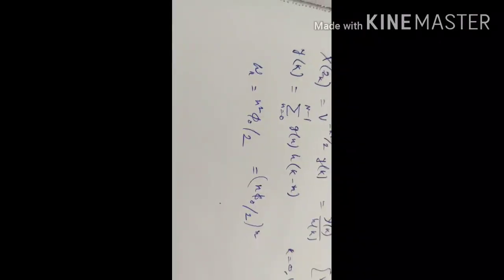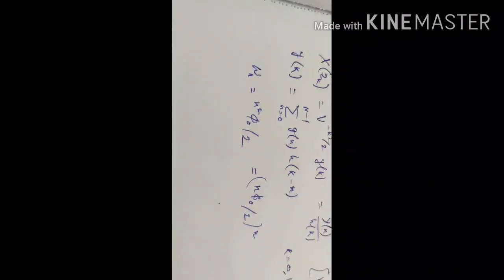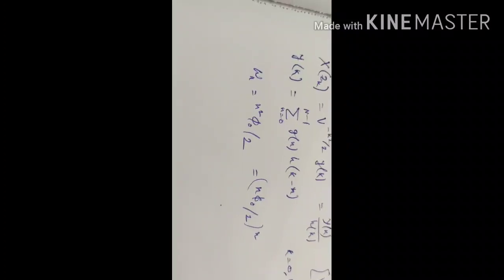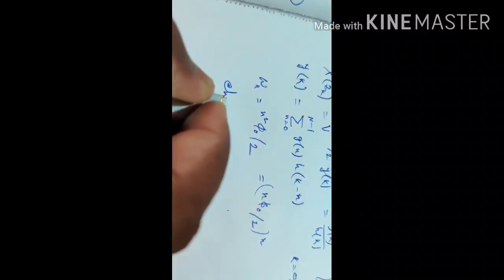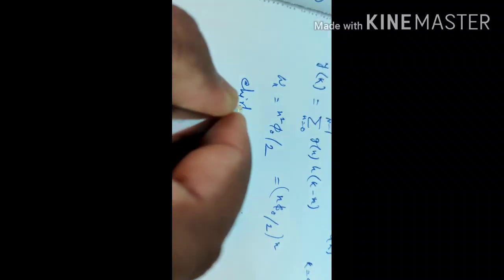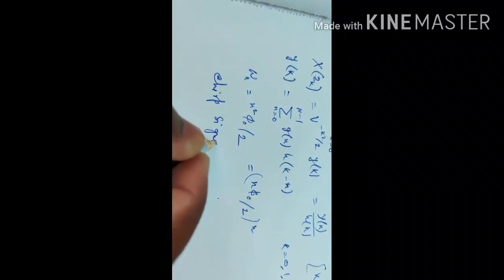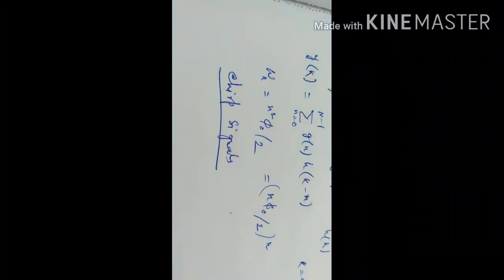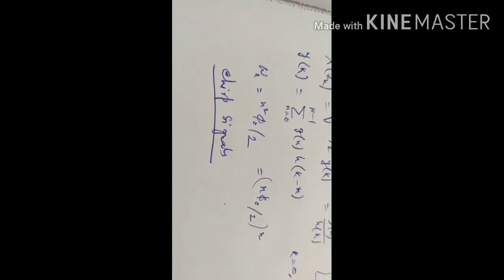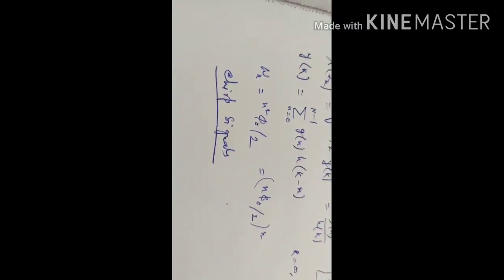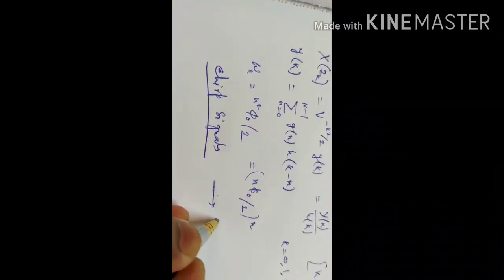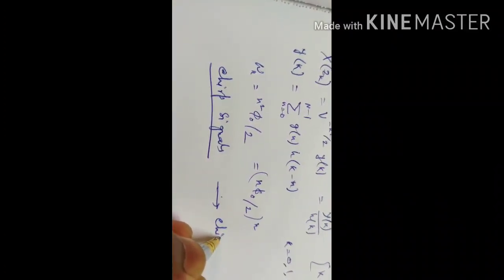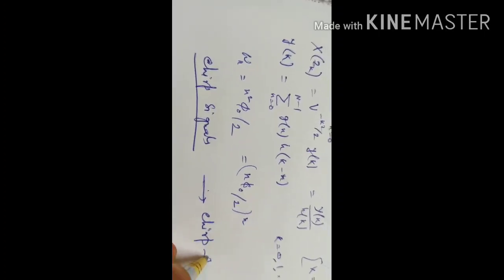Such signals are used in radar systems and are called chirp signals. Hence the Z transform evaluated is called the chirp Z transform.